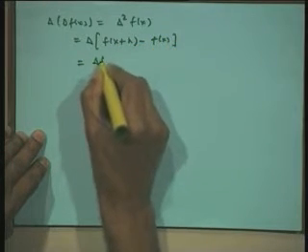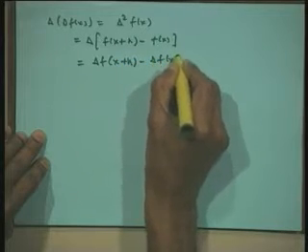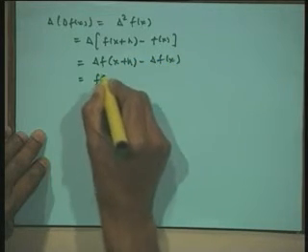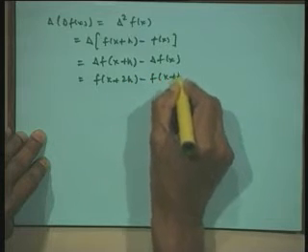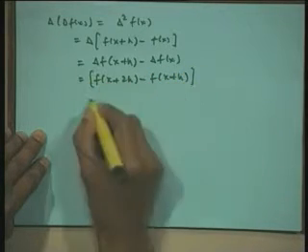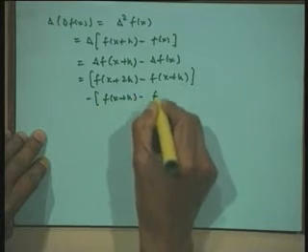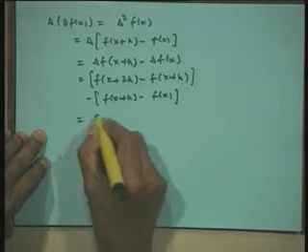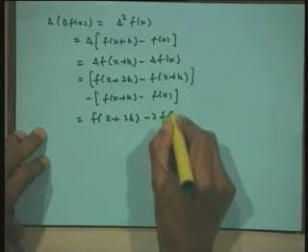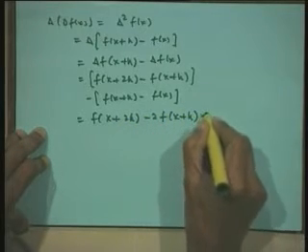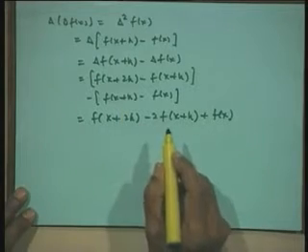I open it up: delta f of x plus h minus delta f of x. The first is f of x plus 2 h minus f of x plus h, and the second is f of x plus h minus f of x, which simplifies to f of x plus 2 h minus twice f of x plus h plus f of x. This is the expression for delta squared f x.